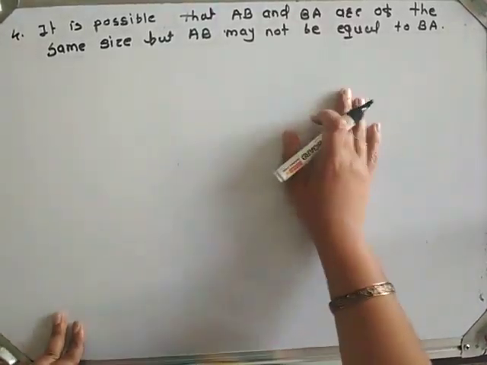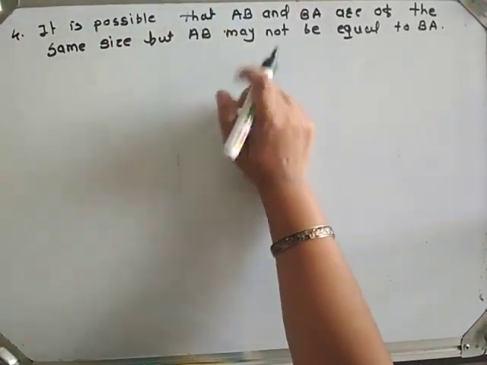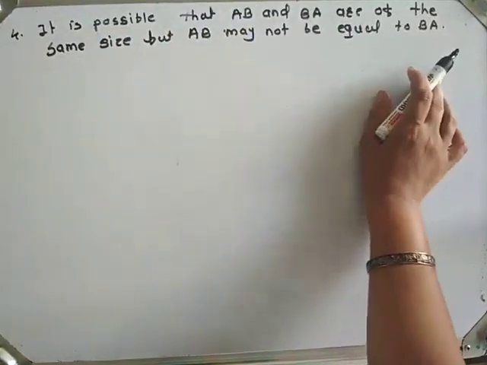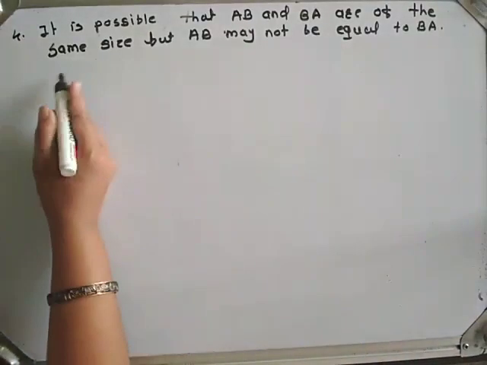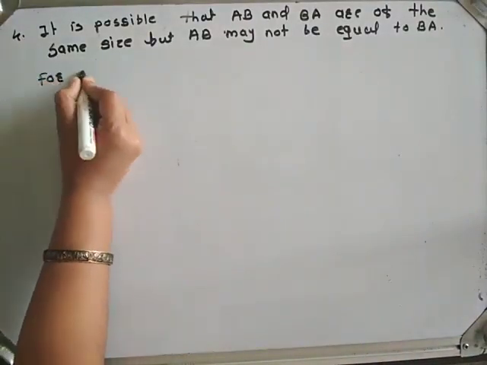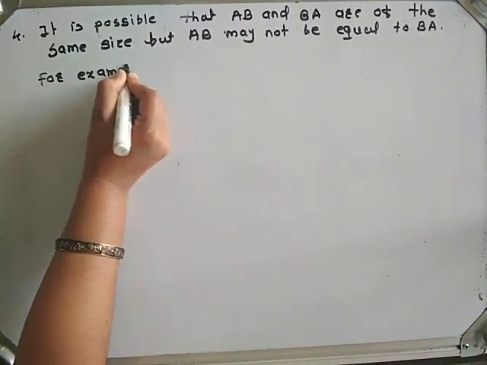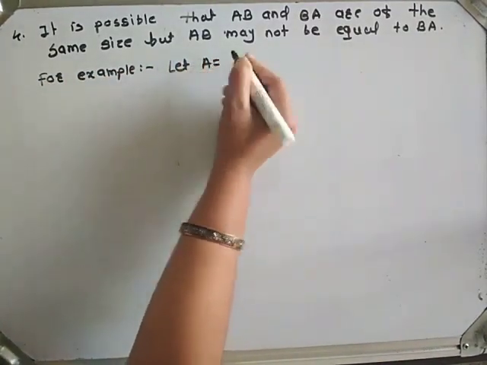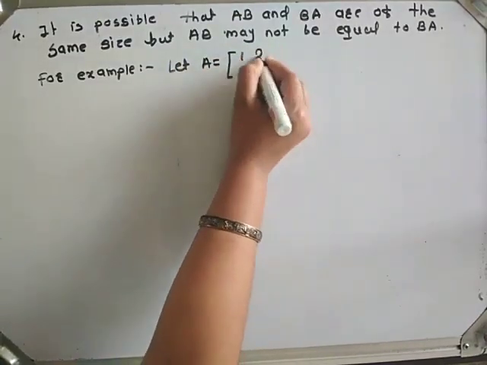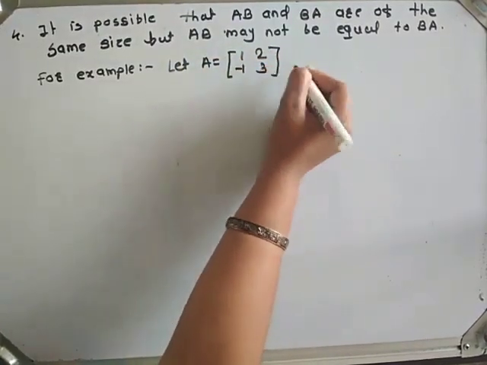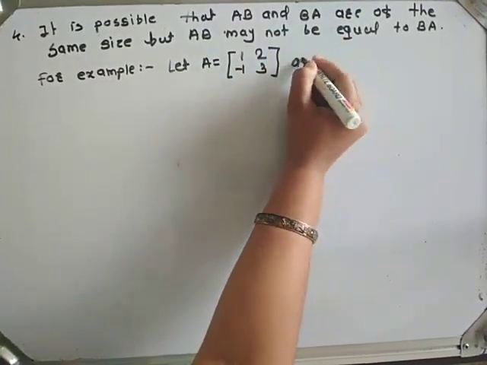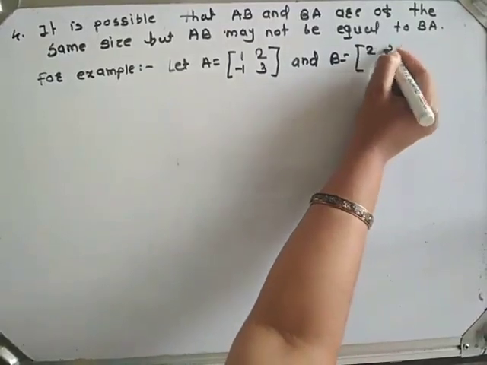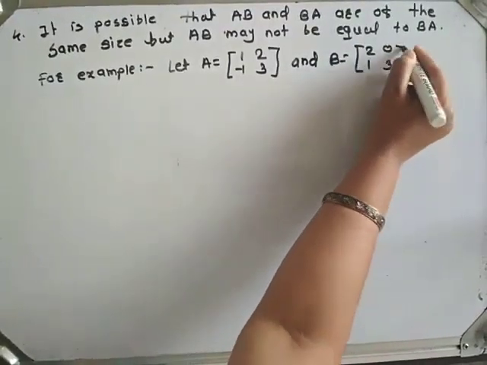See here, what is the fourth note? It is possible that AB and BA are of the same size, but AB may not be equal to BA. For example, let matrix A be [1, 2; -1, 3] and B be [2, 0; 1, 3].